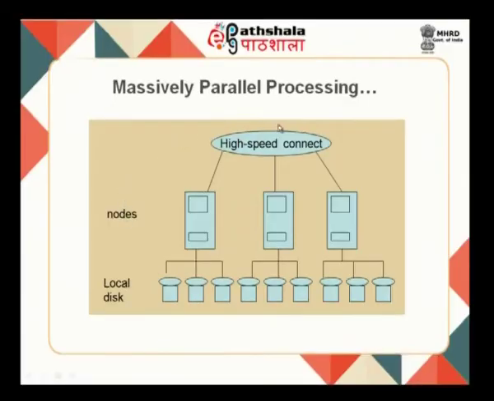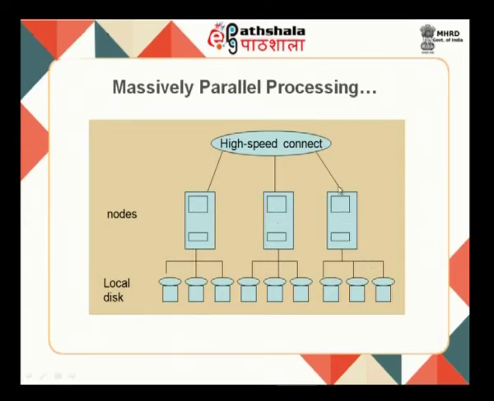The architecture of this massively parallel processing environment is shown here. We have different nodes, each and every node is associated with some number of CPUs, and an internal bus connects this to various local disks or data sources. Similarly, you have another node with its own storage, the third node with its own storage. Likewise, you can have n number of nodes.